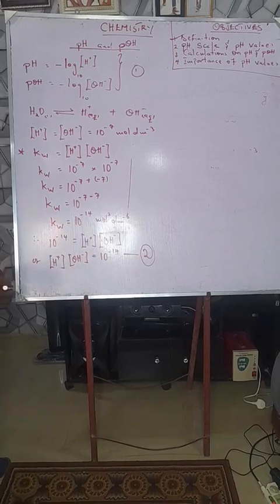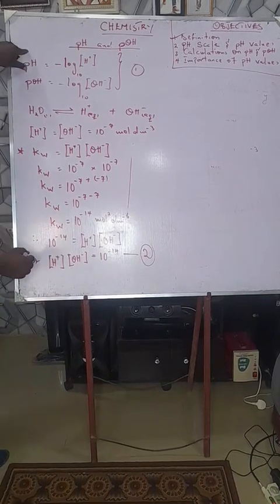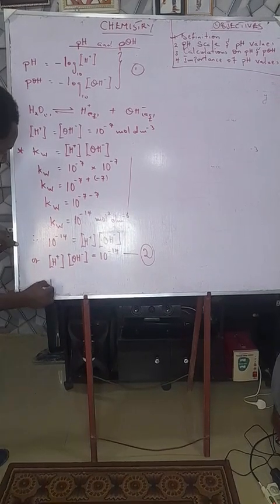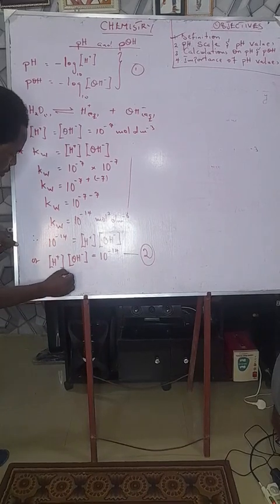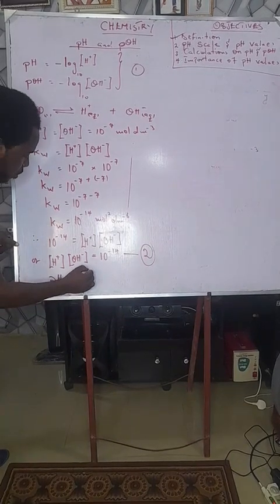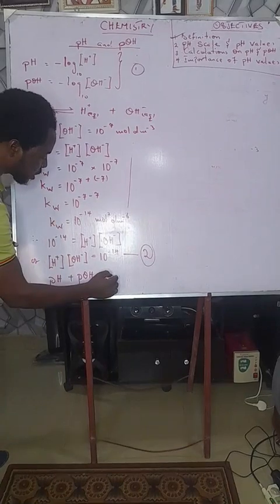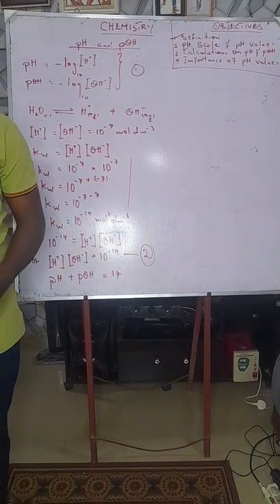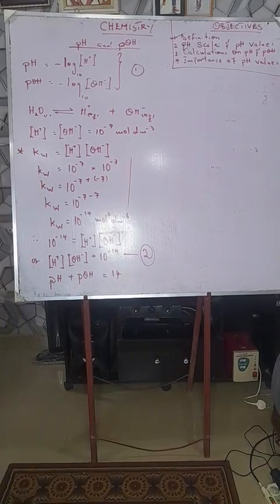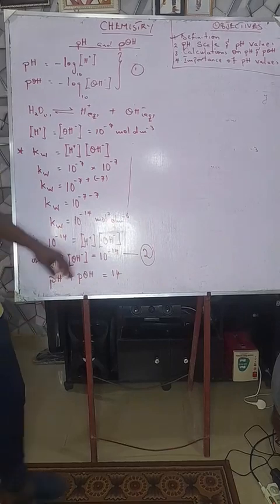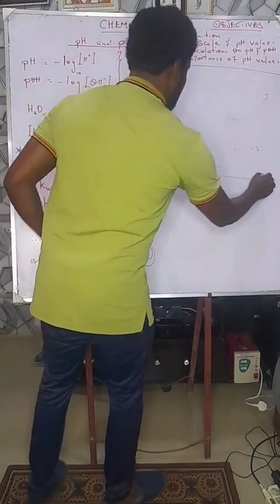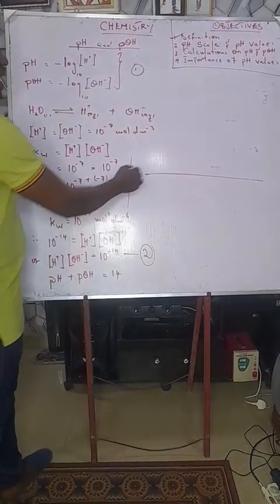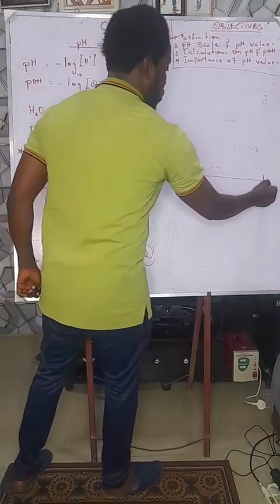And number 3 formula, our third formula, is pH plus pOH. pH plus pOH all together is equal to 14. If I were seeing you physically, I would have asked you, what do I mean by 14? If you check your pH scale, everything is ranging from 0 to what? To 14.